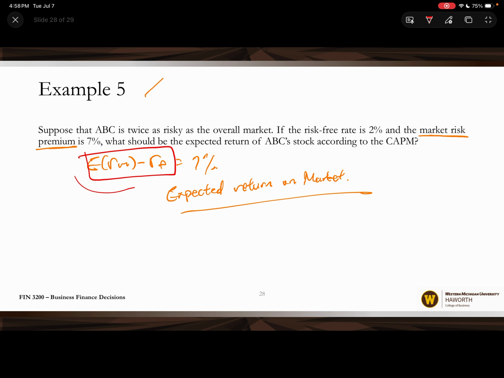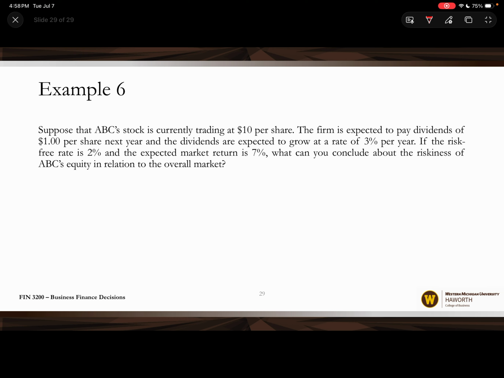So read the question carefully, and it's really hard to get this problem wrong on the exam. We're skipping example 6. And that's it.